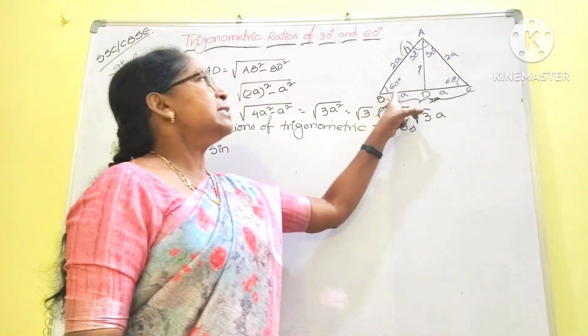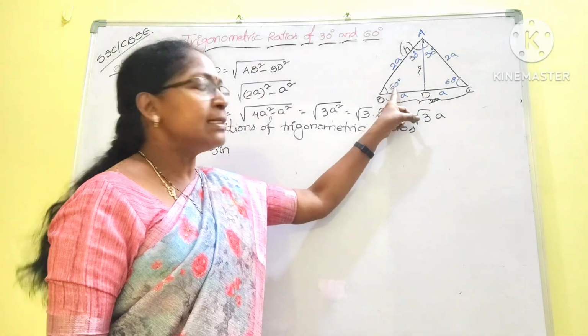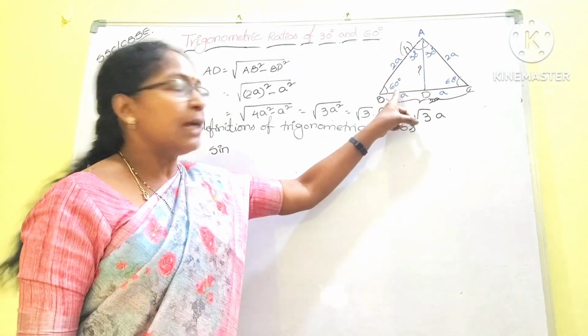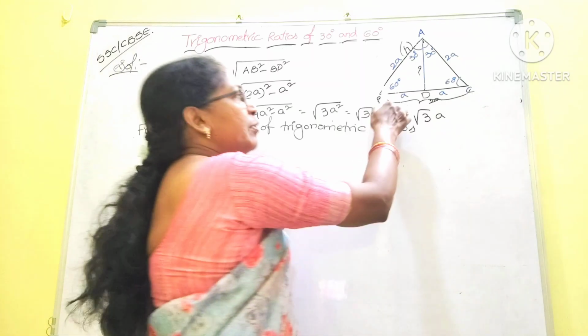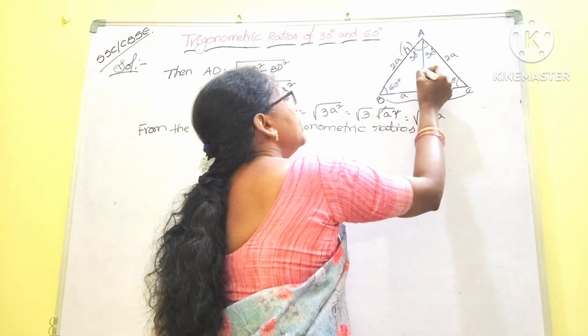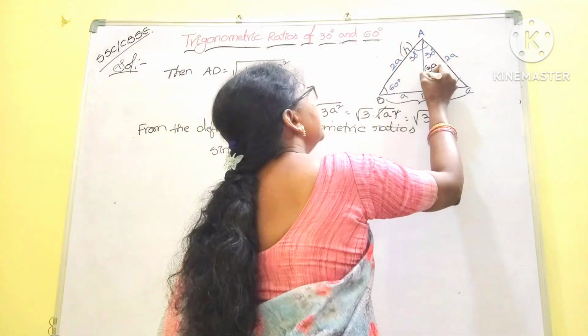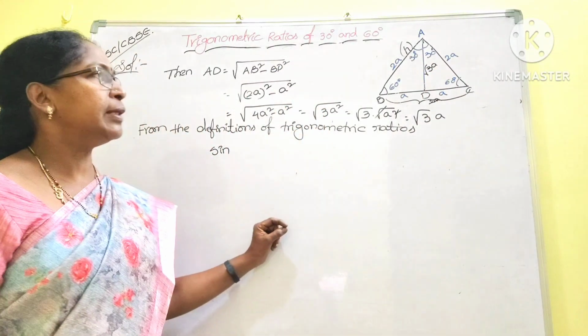Here this is 60 degrees and this is 30 degrees. Suppose you are considering 60 degrees as the reference angle. For this 60 degrees reference angle, AD is the opposite side, and this value we already found equal to square root of 3A.